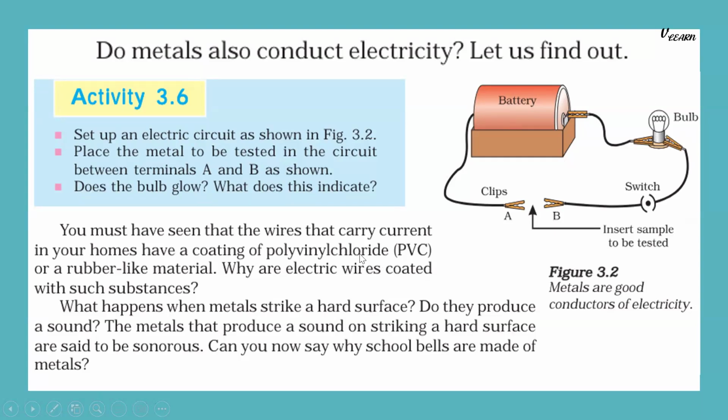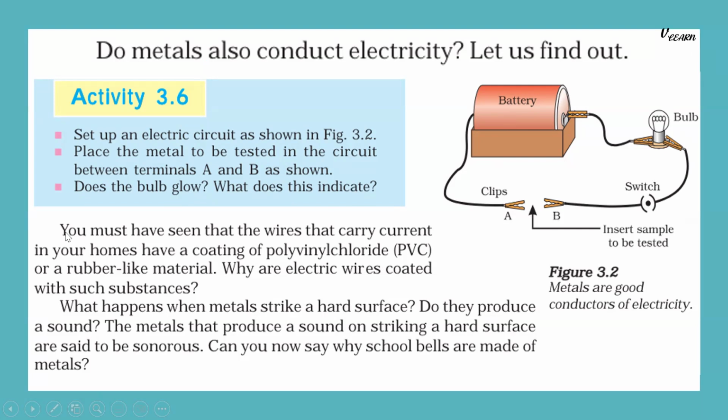It is because of the physical property of metals that it is a good conductor of electricity. Thus it can conduct electricity from point A to point B, and the bulb can glow.